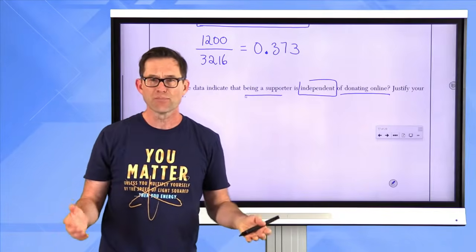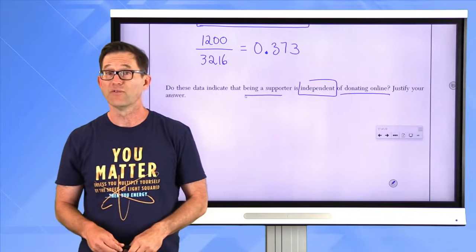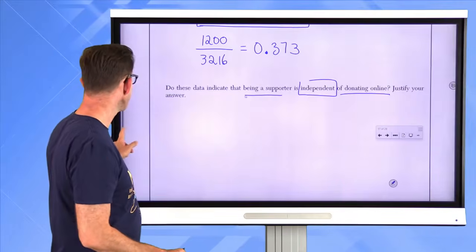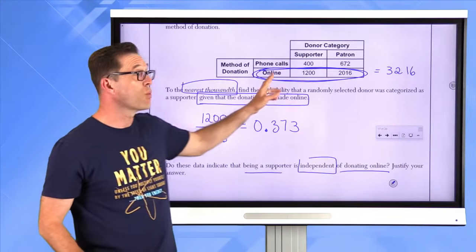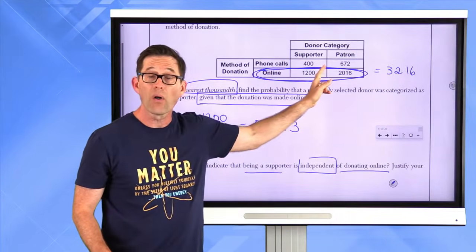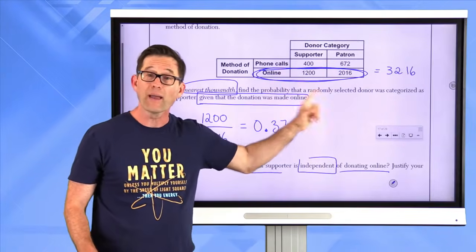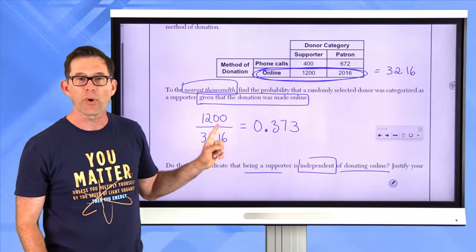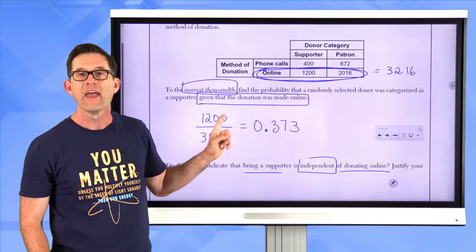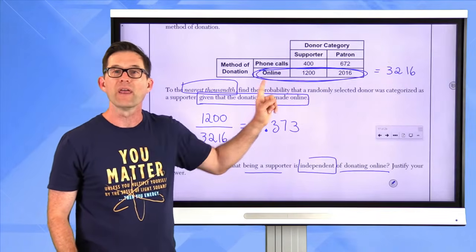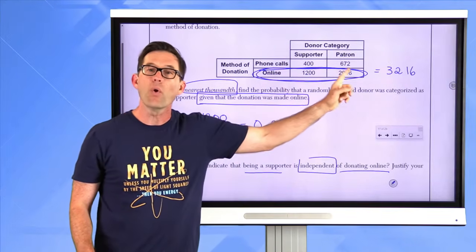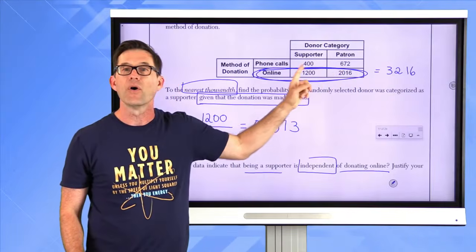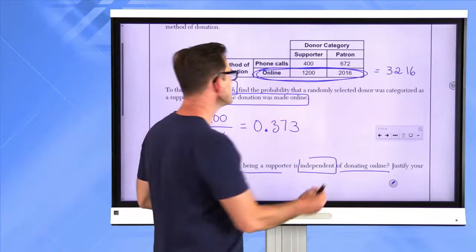If being a supporter is independent of donating online, then it should make no difference whether we donated using phone call or online. So I'm going to do the exact same probability calculation I did up here, except I'm going to figure out the probability that somebody who made a phone call and gave was a supporter.